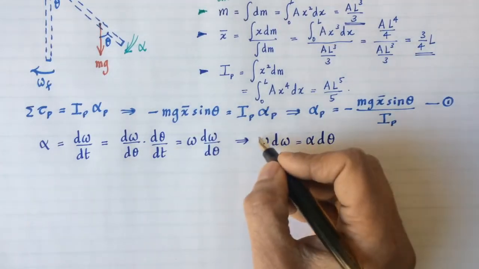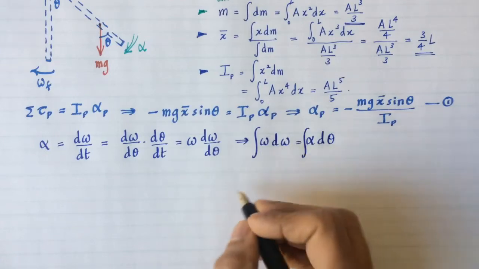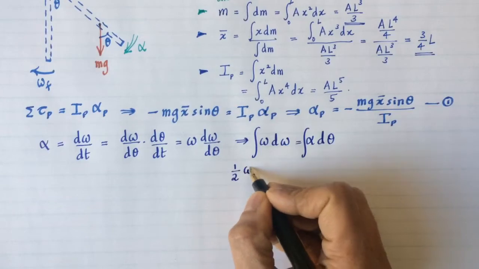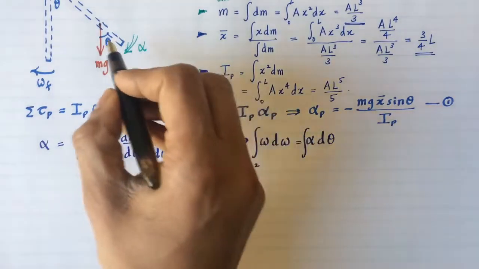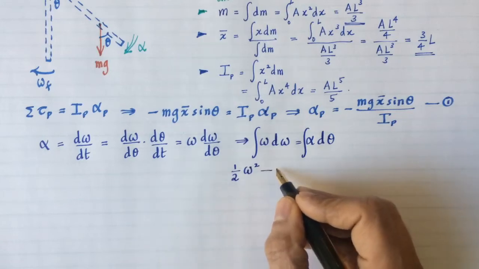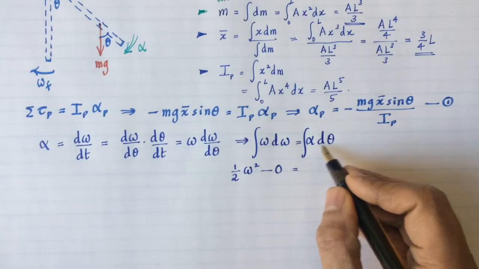If I integrate both sides now, integral of omega d omega is 1/2 omega squared. And well, initially it was not moving, so the initial condition is 0. So we don't have to worry about that. And that's equal to the integral of alpha d theta.